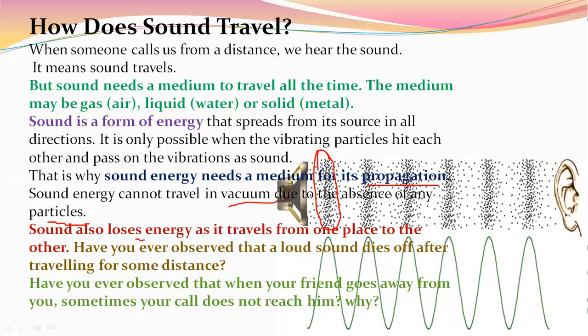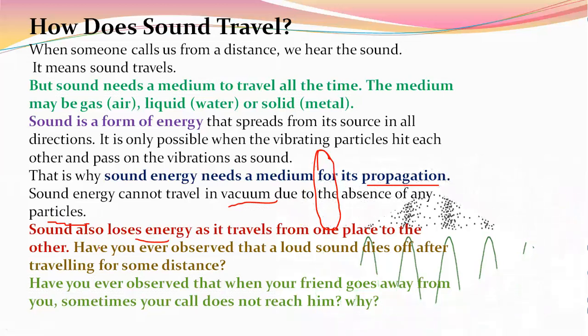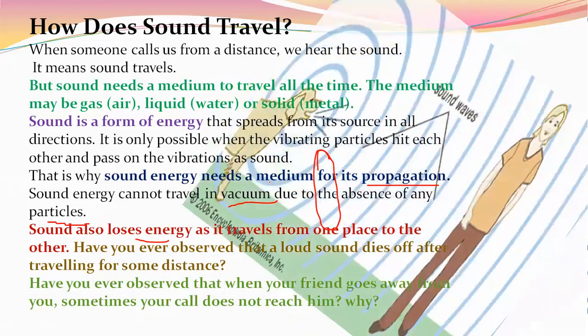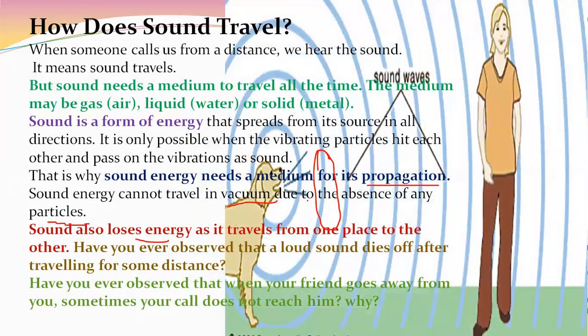Sound also loses energy as it travels from one place to the other. When the sound moves from the source, if we are very near to that thing, whether that is an animal or a person, there are too many vibrations over there, and that's why the sound is high and louder.